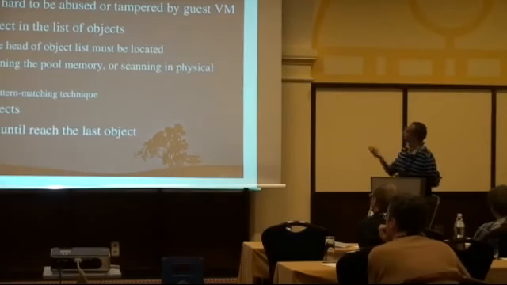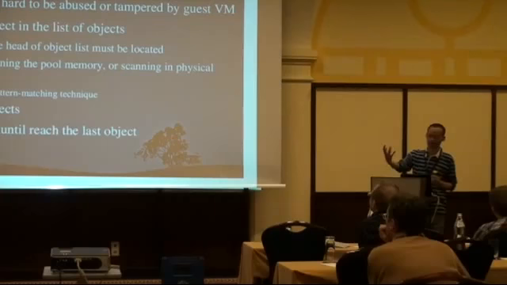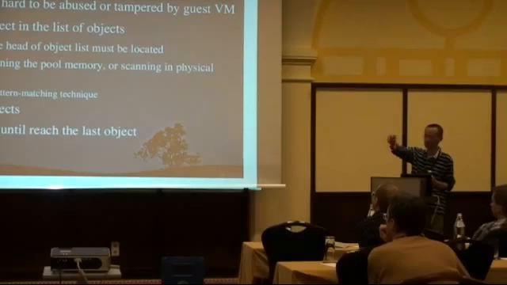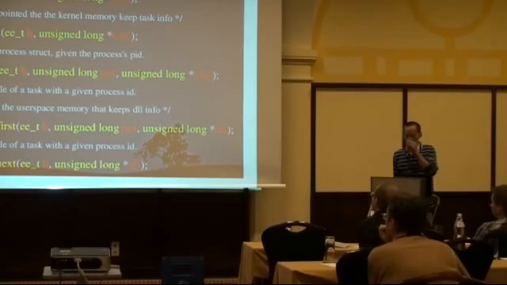Okay, so we have some API, so you and I can get into the memory and extract out the objects. You can extract the first object in the list. After that, you return the next object in the list, and so on. Here's some simple API.